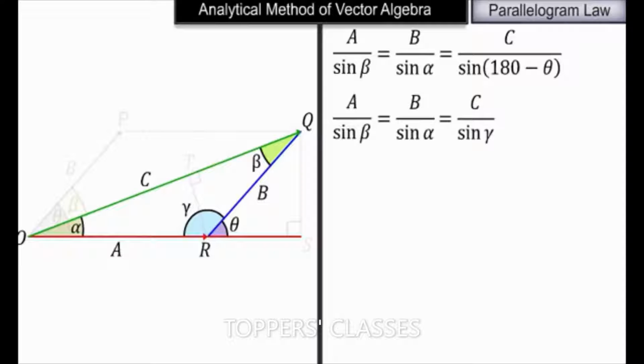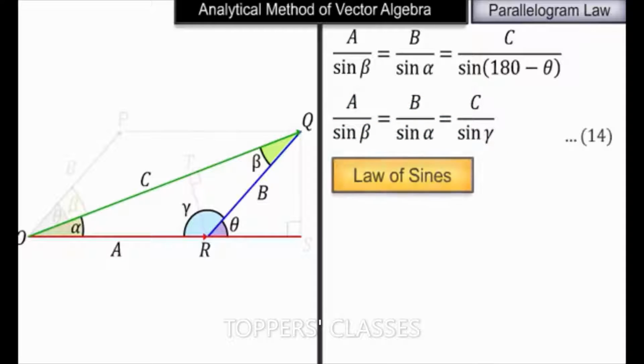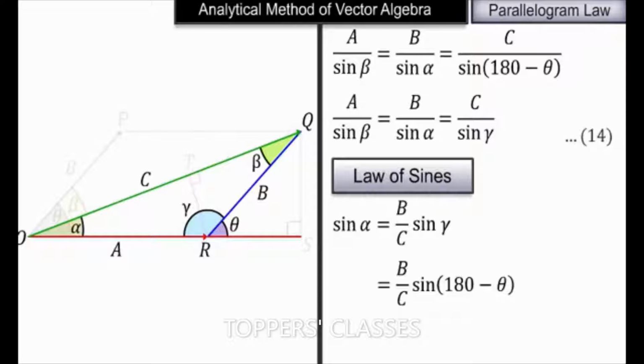From equation 14, we can write sin alpha is equal to B by C into sin gamma, which is equal to B by C into sin 180 minus theta. And finally, we can write sin alpha is equal to B by C into sin theta. Let this be equation 15. From this equation, we can find the direction of the resultant vector C. Consider the triangle OQS.